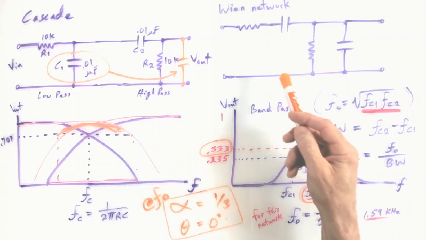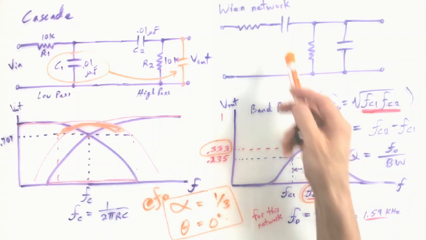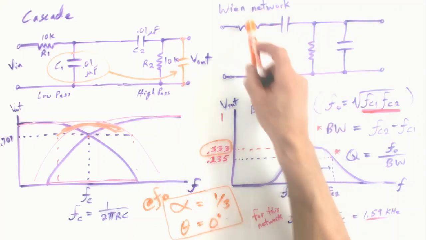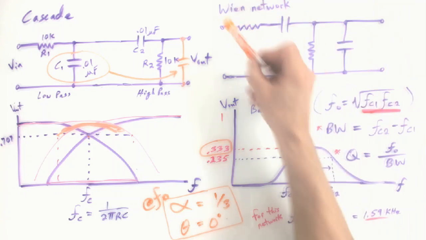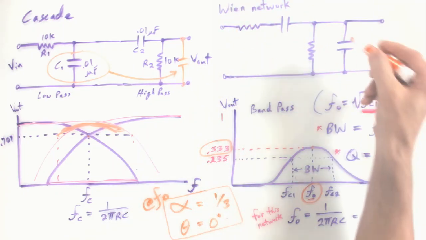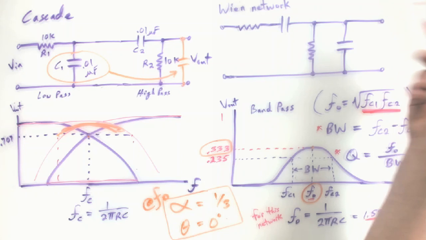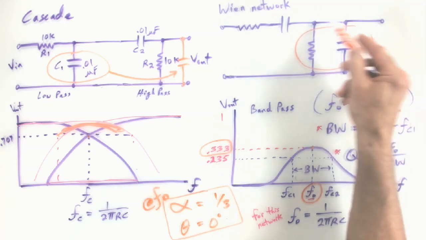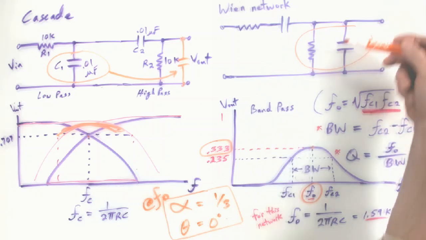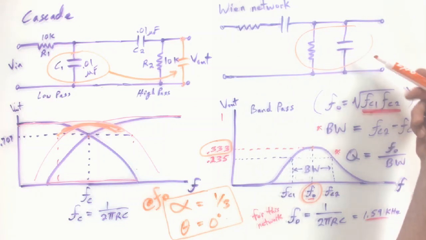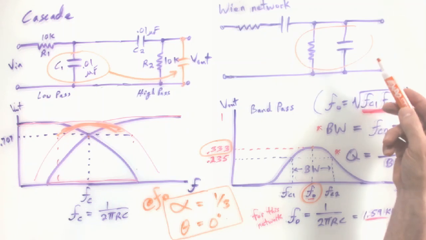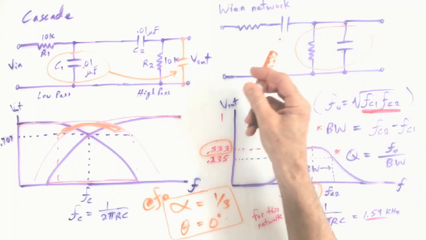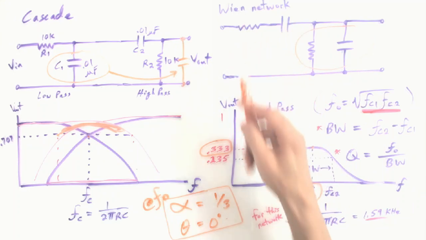So low range of the frequencies, caps look like opens. Okay, and high range of the frequency, and so the open here, and you're not going to get any voltage on the output. This will claim all of it. What happens with the Wien network? You still have why I call it the world's coolest voltage divider. It is this impedance of the parallel resistor and cap that are going to claim a certain amount of the input voltage as it sits in a voltage divider series relationship with the other components.